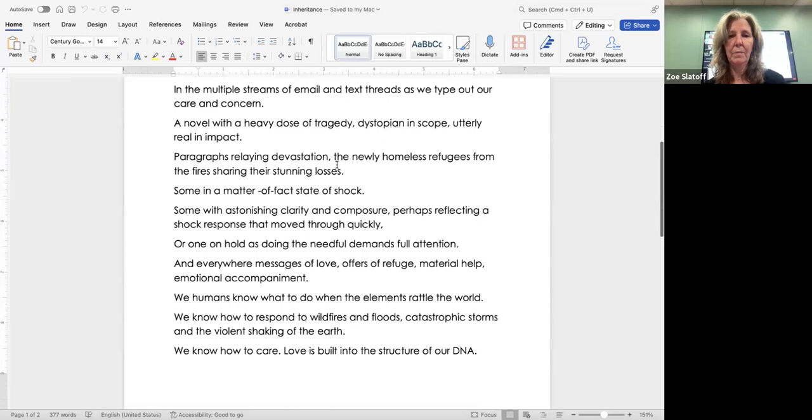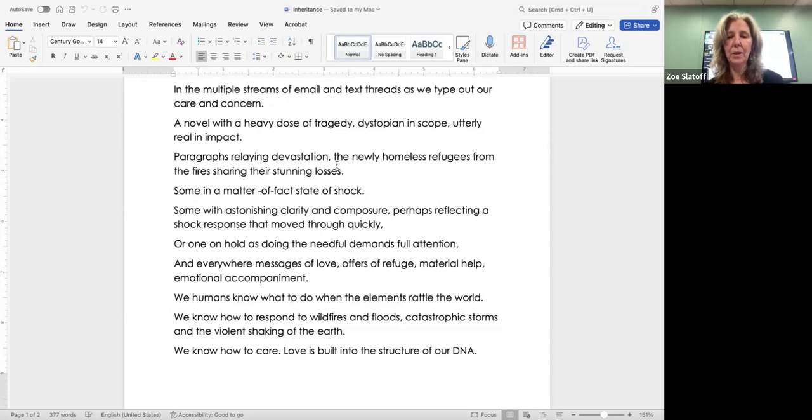And everywhere, messages of love, offers of refuge, material help, emotional accompaniment. We humans know what to do when the elements rattle the world. We know how to respond to wildfires and floods, catastrophic storms, and the violent shaking of the earth. We know how to care.